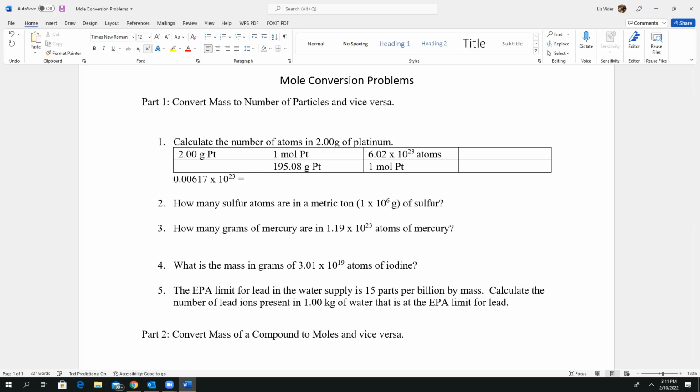Okay. So it would give us 6.17 times 10 to the 20 atoms of platinum. Okay. All right. And there you go. And that would be the right answer for this particular one.